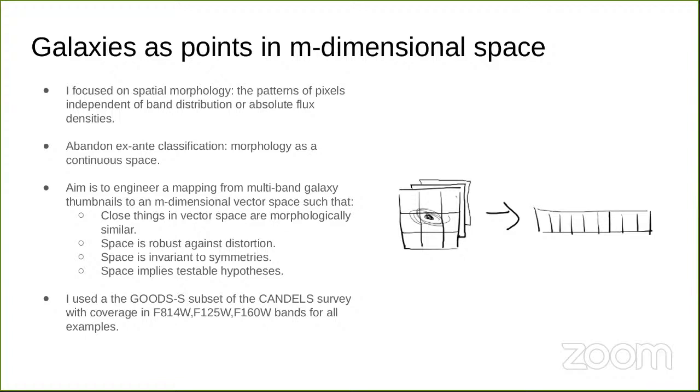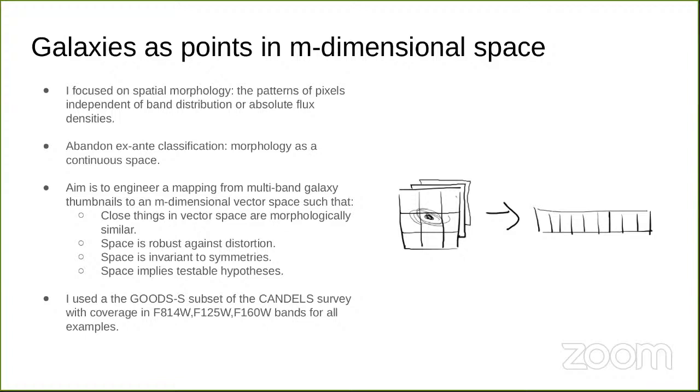You want to make sure points that are close to each other are morphologically similar to each other. And you want to make sure that noise doesn't affect the results too much, because there's lots of noise in galaxy survey data. If you flip the galaxy upside down, you don't want it to end up in a completely different place in the space with completely different similarities. So I'll show how we did that.